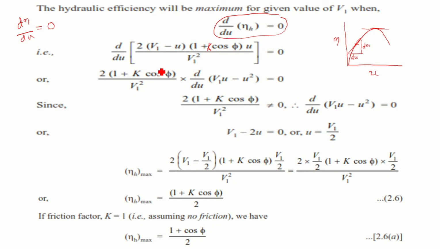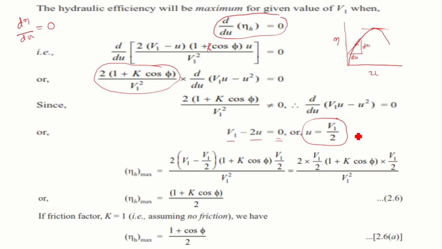This constant value cannot be 0, because all the terms have certain values. So we can assume that d by du of V1 u minus u square becomes 0. Differentiating the equation, we obtain V1 minus 2u is equal to 0. So u is equal to V1 by 2.